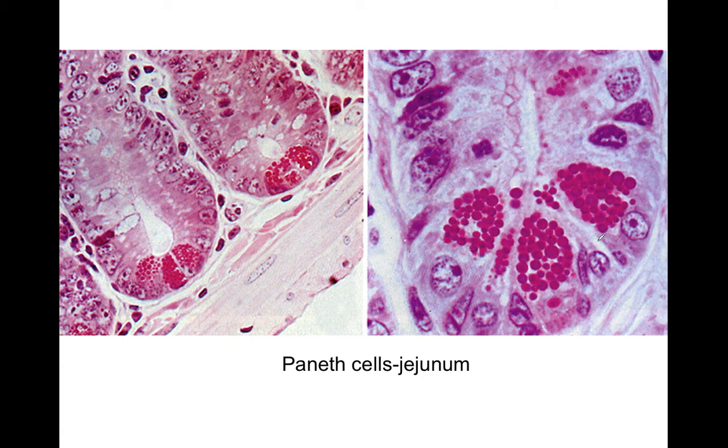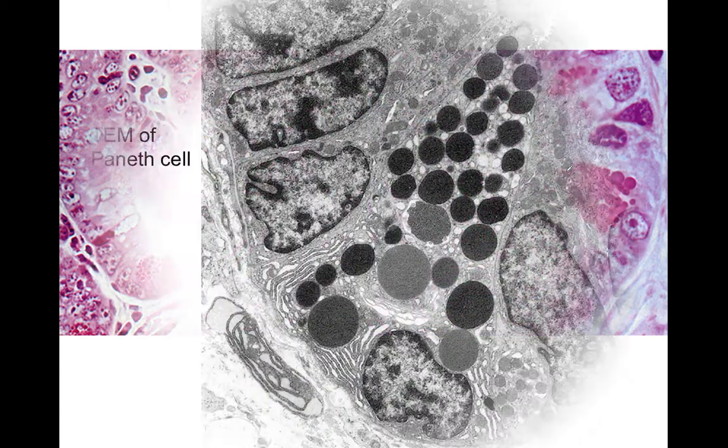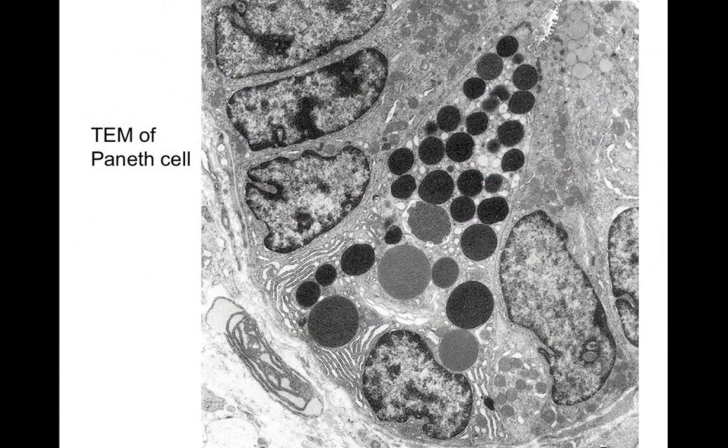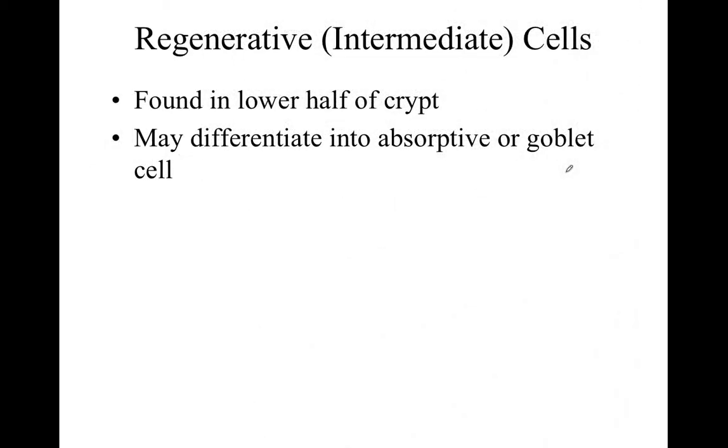The cells are almost pyramidal in shape, and we have these granules. Again, these are the Paneth cells, found only in the small intestine. We cannot find them in the stomach or in the large intestine.